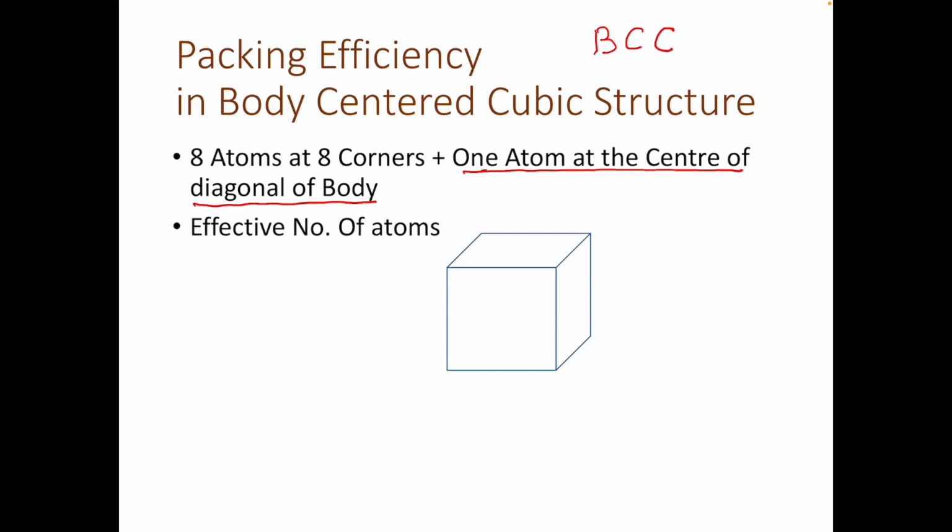Means if we draw a cube here, then we name it A, B, C, D and E, F, G, H. Then 8 atoms are present at all the 8 corners, and if this is CE, CE is the diagonal of the body.